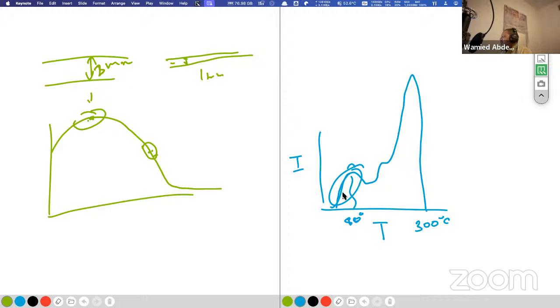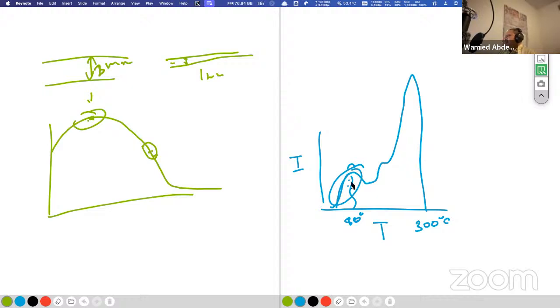So when the TLD is at room temperature, there is going to be some emission of light from them. And this is going to be a big source of uncertainties in our measurements, because we don't know if we left it, let's say after 1 hour, whether half of this peak was emitted or all of it.